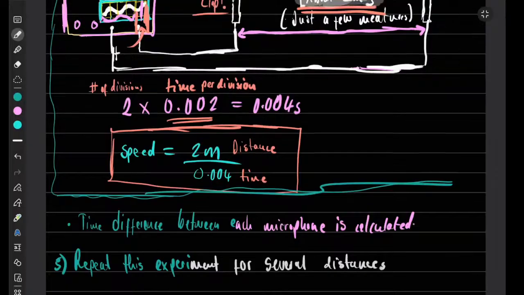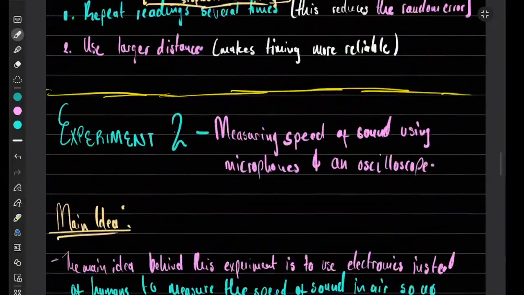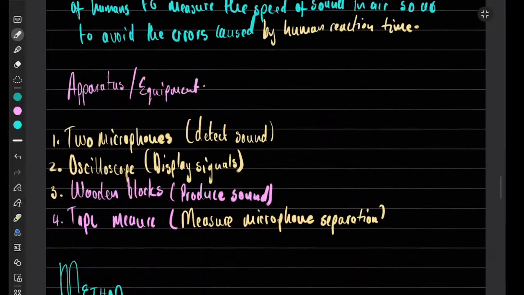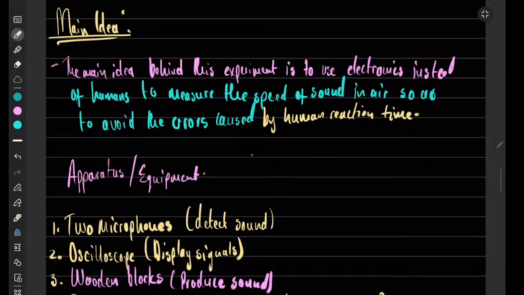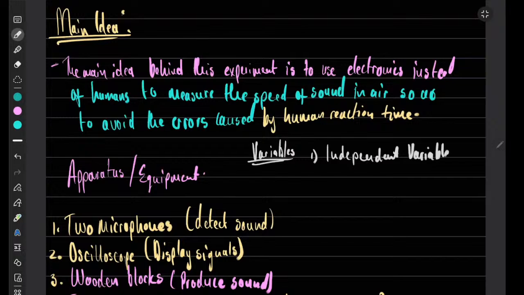Now, if I go to this main idea, before we talk about apparatus, I'm going to say the variables are going to be, one, the independent variable. As my students, you should know that independent variable is what we change.